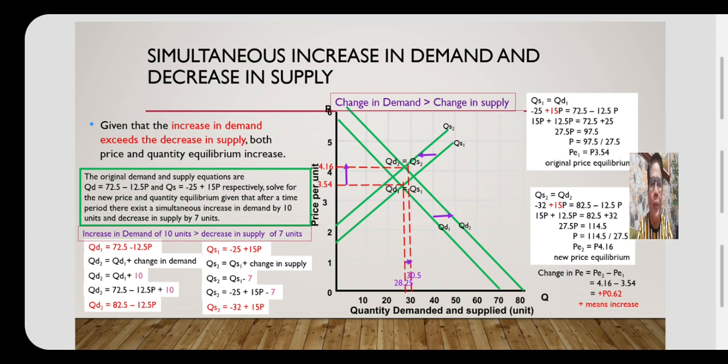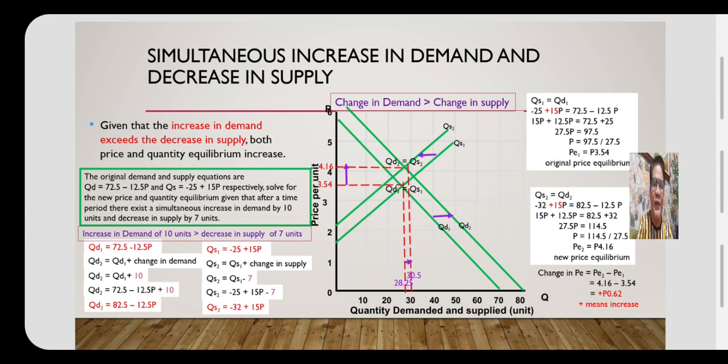The original demand and supply equations are QD equal to 72.5 minus 12.5P and QS is equal to negative 25 plus 15P respectively. Solve for the new price and quantity equilibrium given that after a time period there exists a simultaneous increase in demand by 10 units and decrease in supply by 5 units.